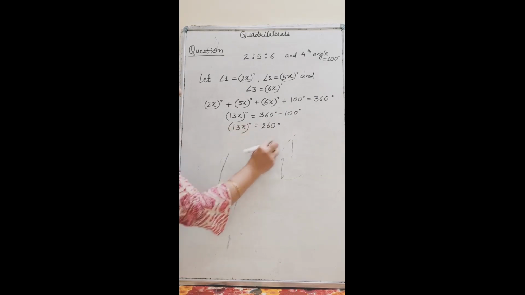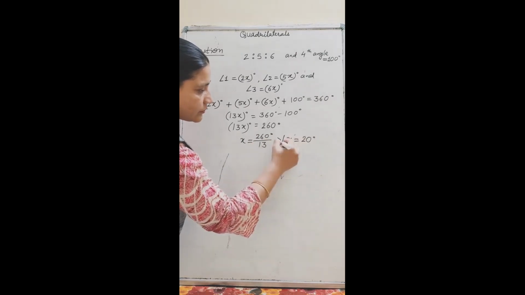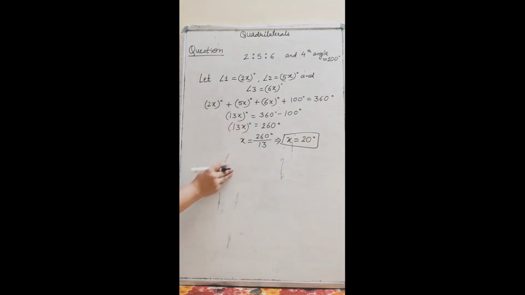Now this 13 will shift to the denominator, so x is equal to 260 degree divided by 13. So x is 20 degree. This is the value of x.